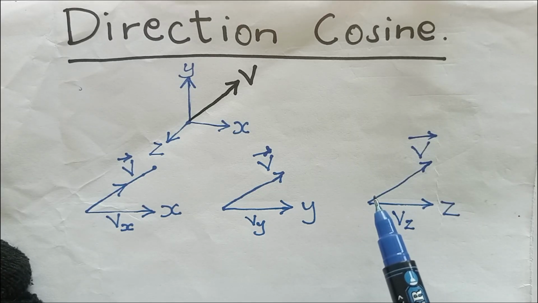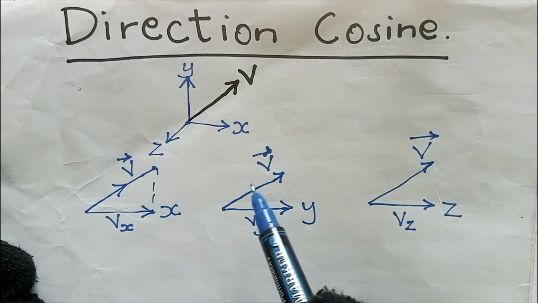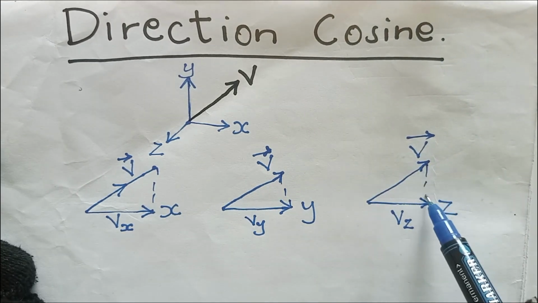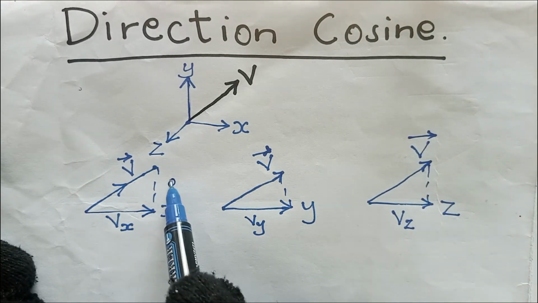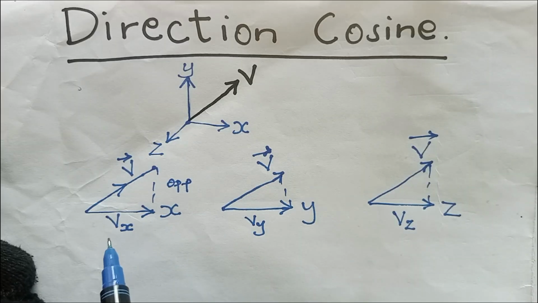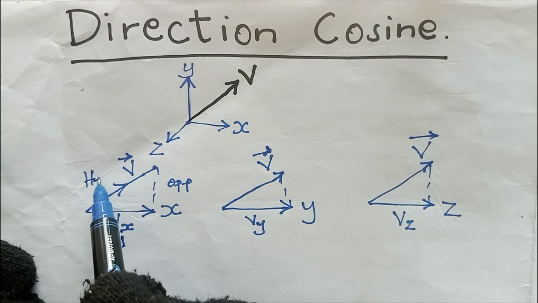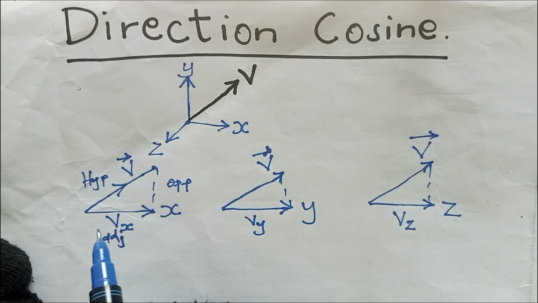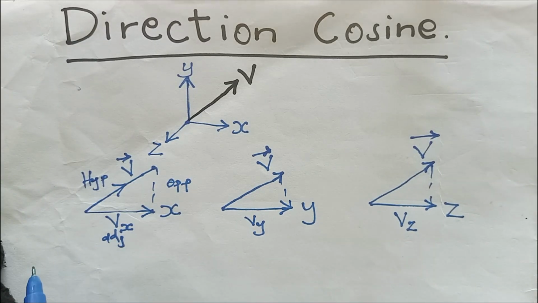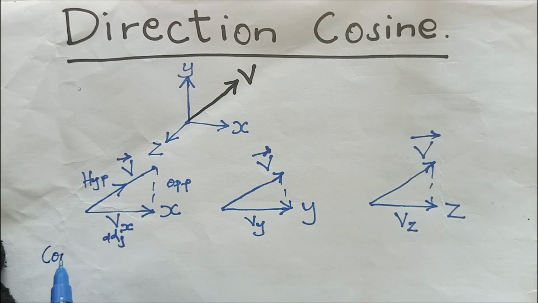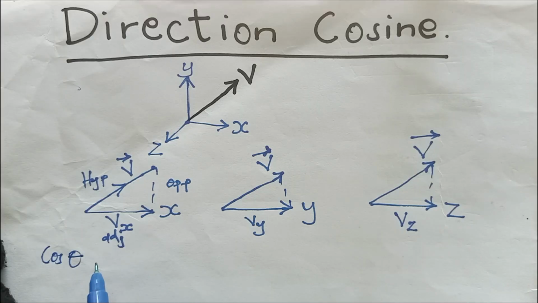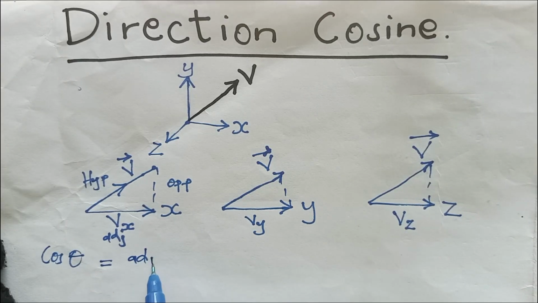Now, from trigonometry, we know that this is the opposite side, this is the adjacent side, and this is the hypotenuse side. So we know that cos theta is given by adjacent over hypotenuse.